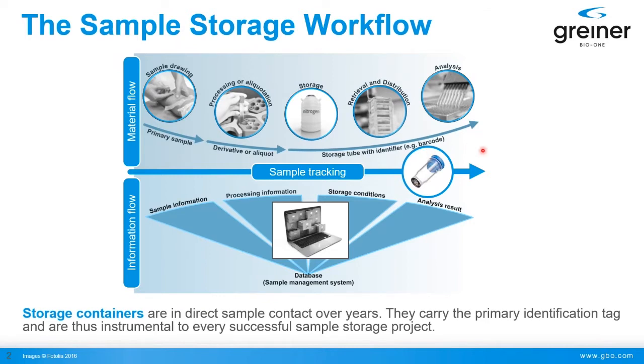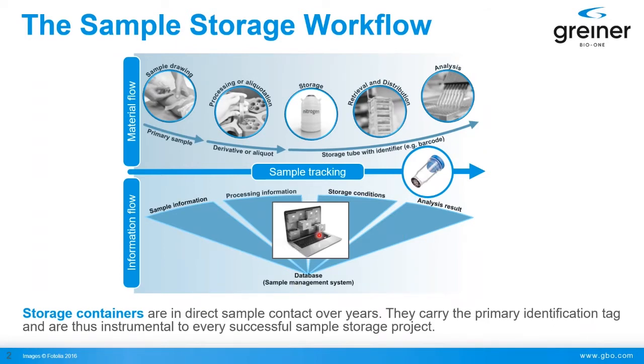And it's important to consider that this item, and not other items only, is very quality critical for the entire process, because the storage container contains the sample for a very long time, so it's in direct contact, but it also carries the identifier, which gives the sample an identity, which allows for all this tracking and tracing.